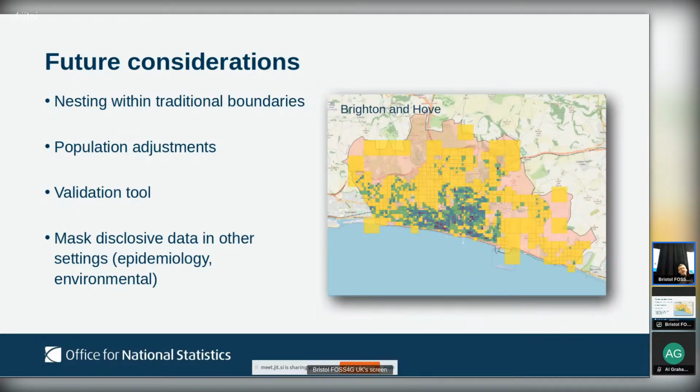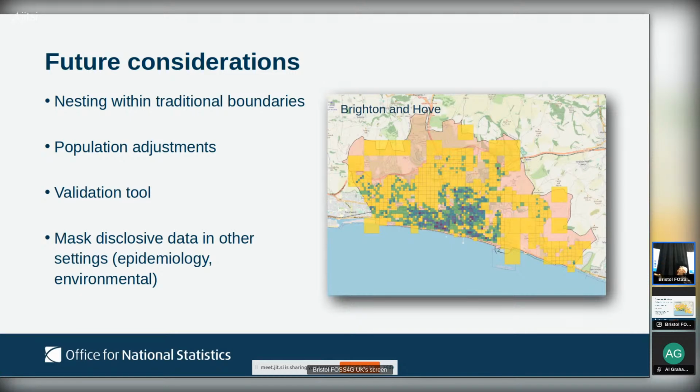So one thing we're working on is assigning 1 kilometer grid cells to different geographies, so that you know which areas they represent. Another problem is with these 1 kilometer grid cells, if they are below the threshold, they can't go to a bigger area, because that's where they start.